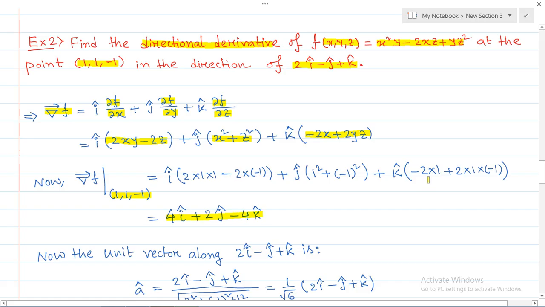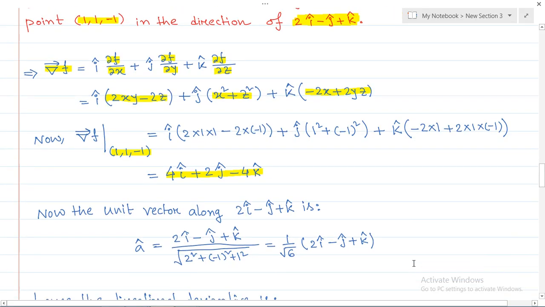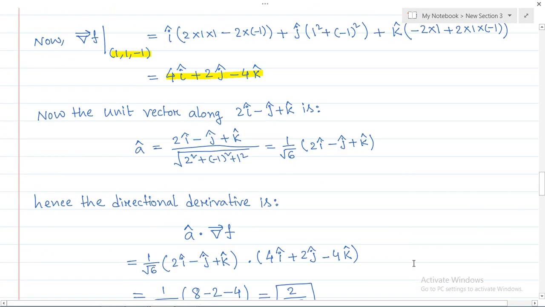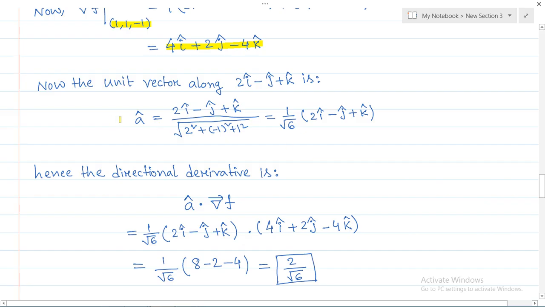Now if you remember the formula, we need to calculate the directional derivative of the function towards the direction of a unit vector, but here 2i cap minus j cap plus k cap is not a unit vector. So we need to convert it into a unit vector by dividing by its magnitude. So what is our a cap? 2i minus j plus k divided by the square root of 2² + (-1)² + 1².